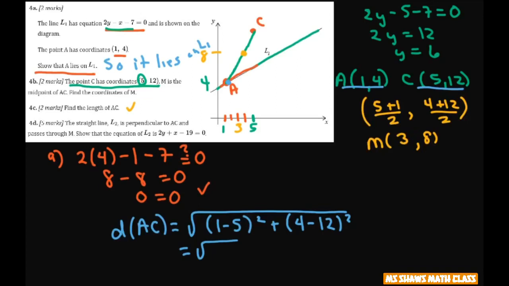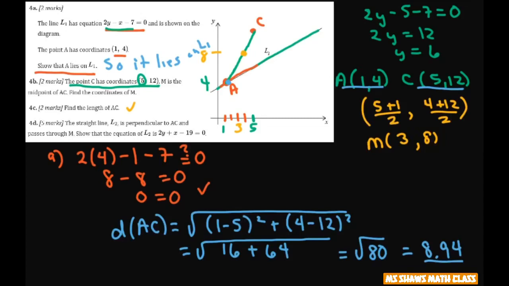So this is going to be the square root of 4 squared, which is 16, plus negative 8 squared, which is 64. So this is going to equal the square root of 80. And the square root of 80 is 8.94 to 3 significant figures. The exact value is the square root of 80. So now we have this length as the square root of 80.